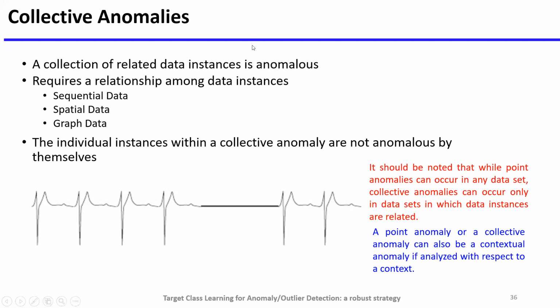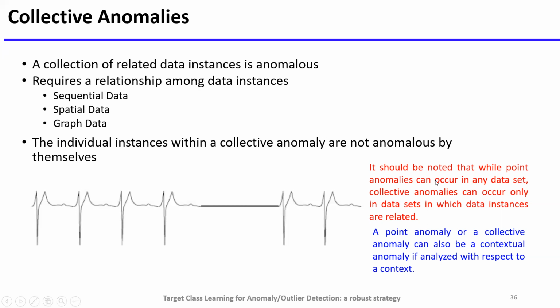Here you can see that some normal activities are going on and suddenly we experience some kind of anomaly. So it is a collective anomaly because it is not following the relationship in terms of the sequential data.